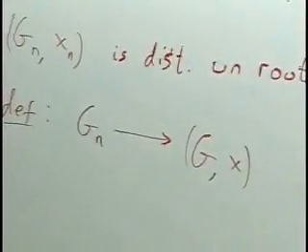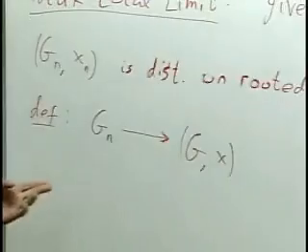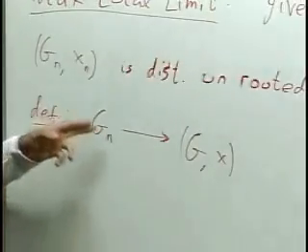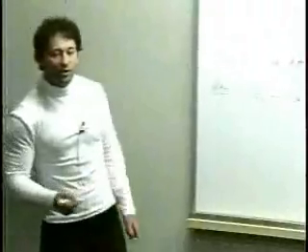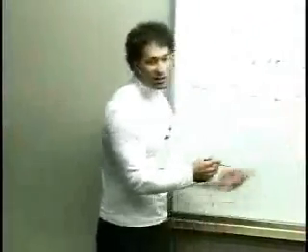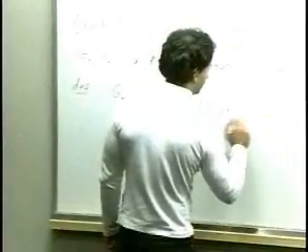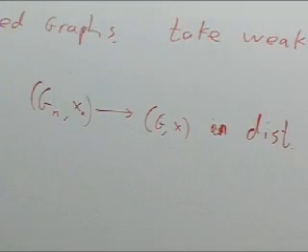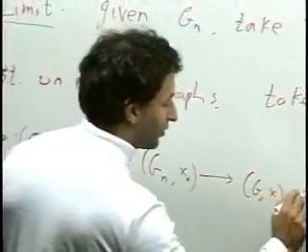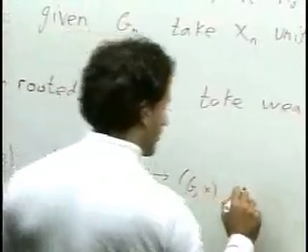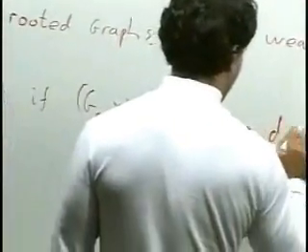Now, when you take a random root xn in Gn, then the distributions converge to this distribution. If (Gn, xn) converge to (G, x), so this is in distribution.